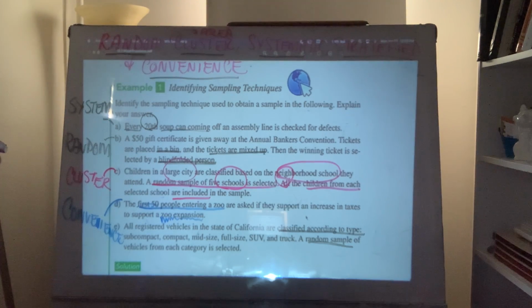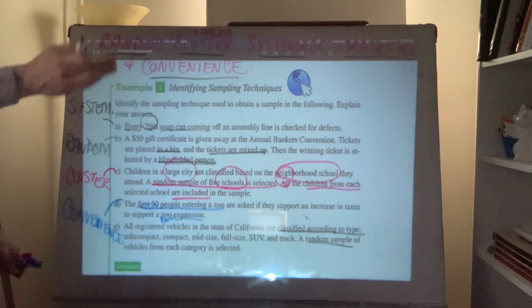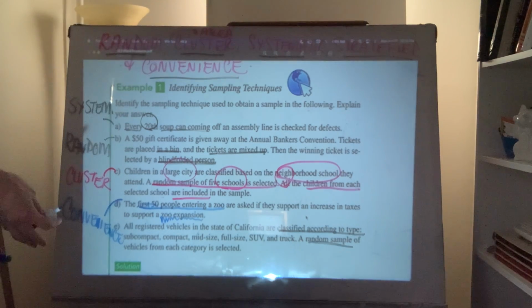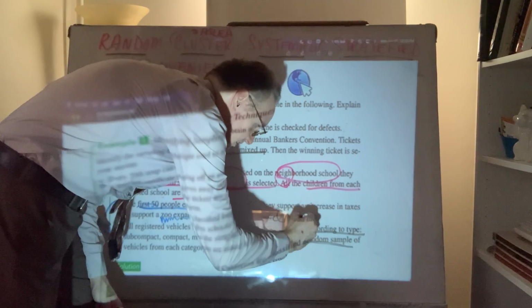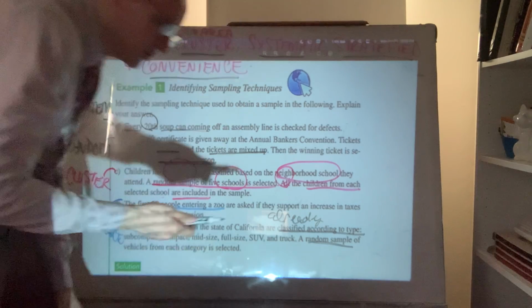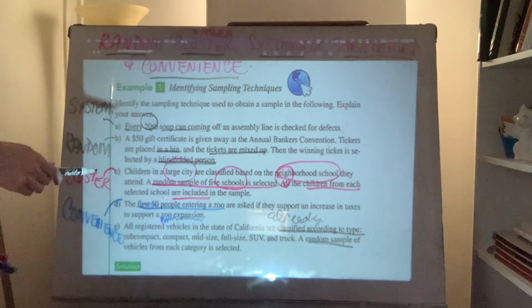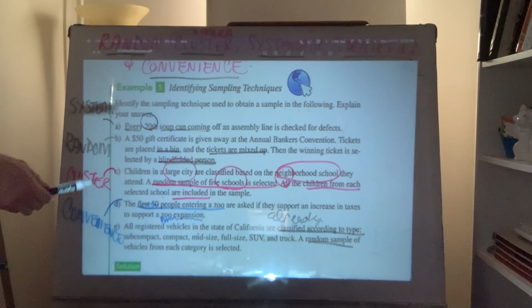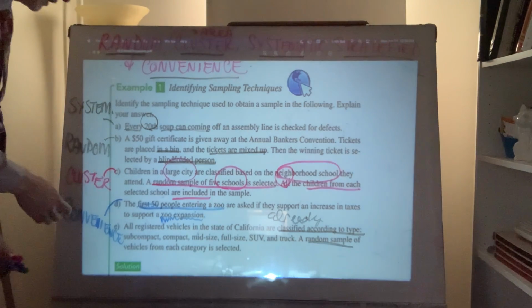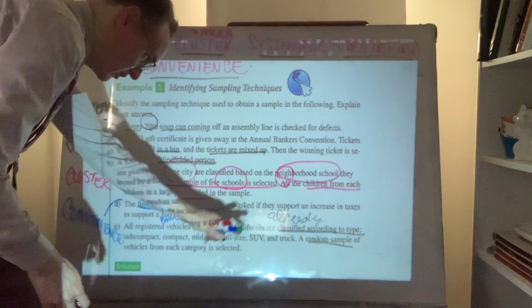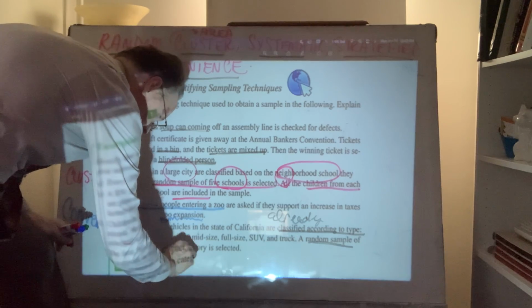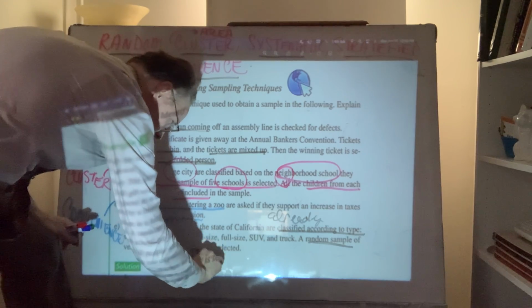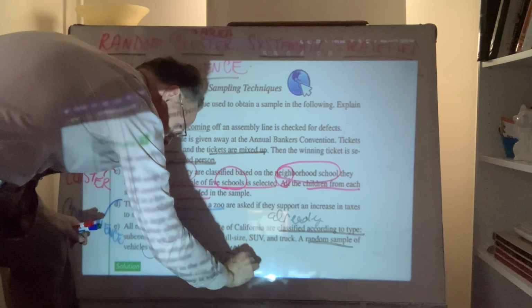Instead of high school classmen, freshmen, sophomores, juniors, seniors, you're talking about vehicles, but they're already classified according to some distinction. They're all vehicles to begin with, but you've organized them according to their sizes. So this is an example of stratified sampling.